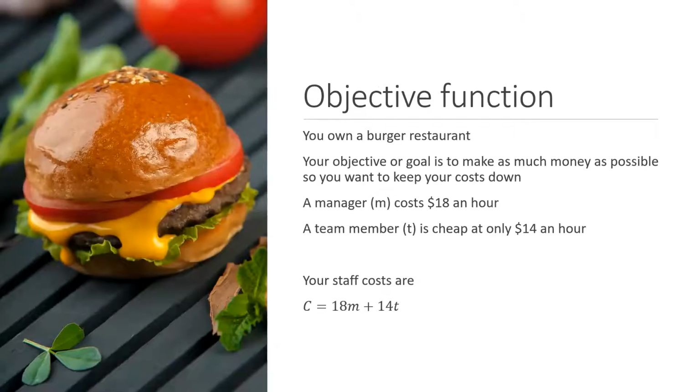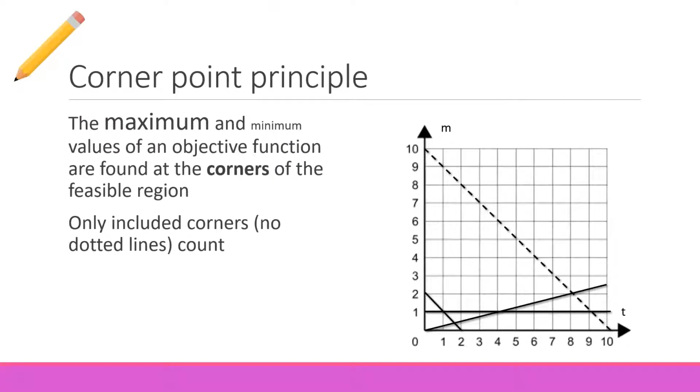I did an example about a burger shop with managers and team members, where you want to maximize the amount of money you get. The best way to do that is to figure out what the possible arrangements are that you could have.